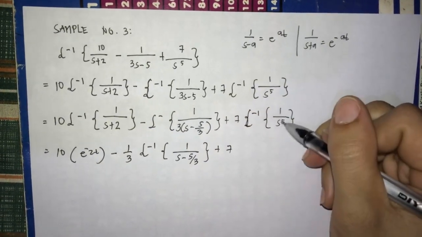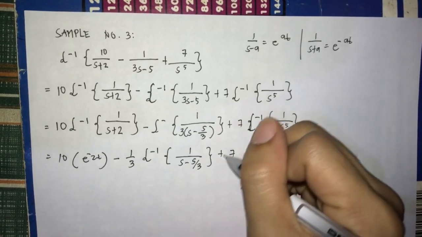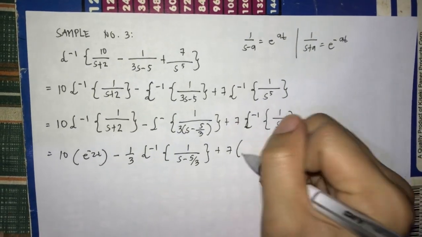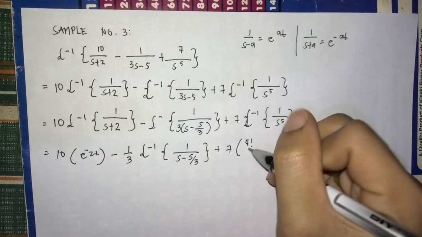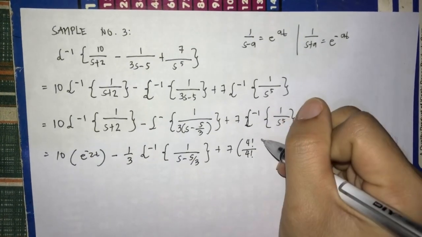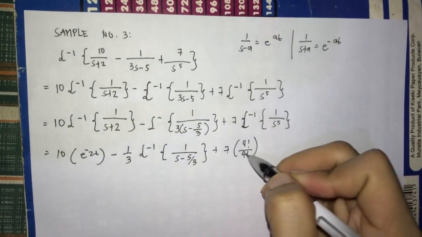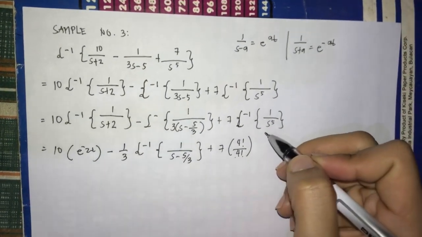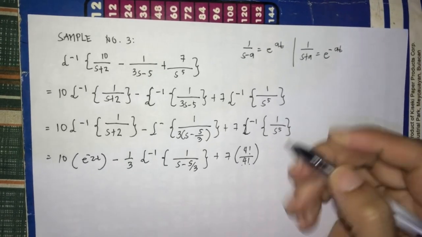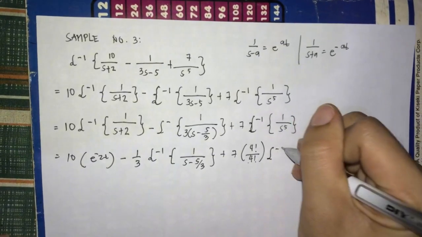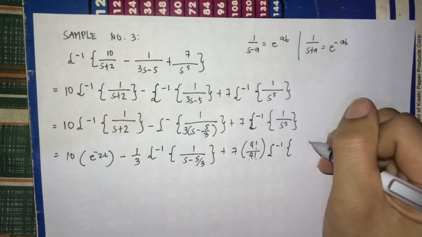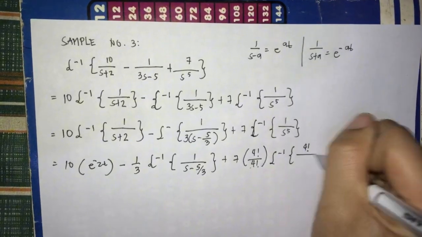Since this is s raised to 5, we have 7 times 4 factorial over 4 factorial. So in order for this inverse Laplace to become 4 factorial, so that it is readily available for transformation.